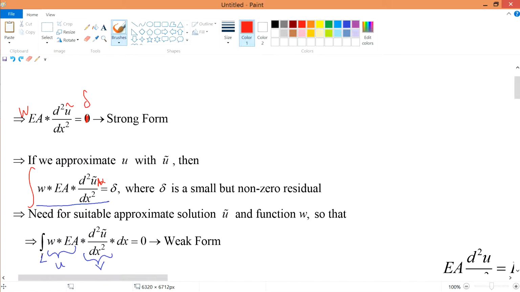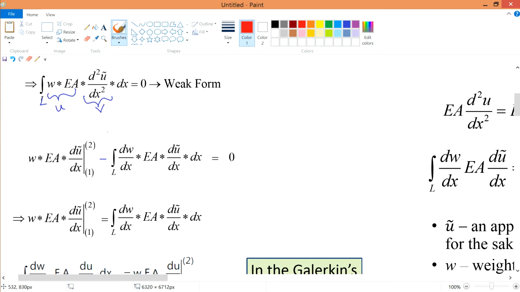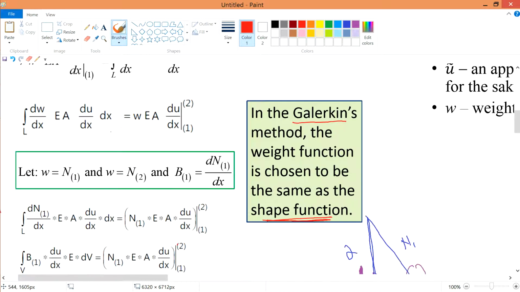I think we have derived all this already. Just to recap: I took the strong form, I multiplied by W, and then I introduced a U approximate, and we know that has some residual values. I integrated this function, and then rearranged using integration by parts. Eventually we have something like this, right?